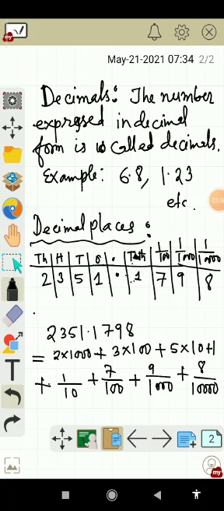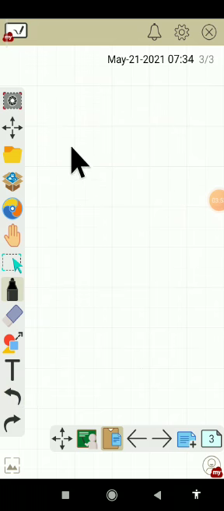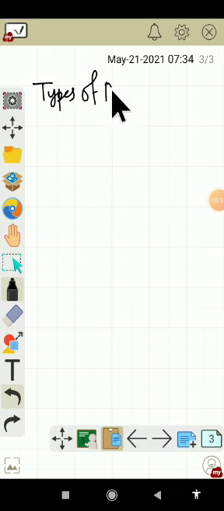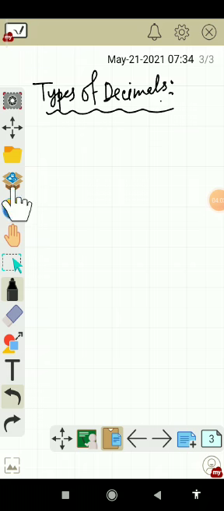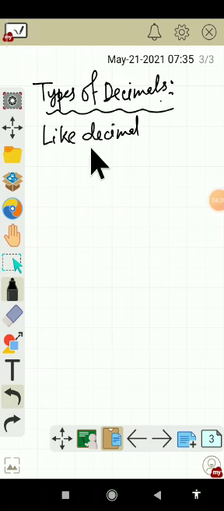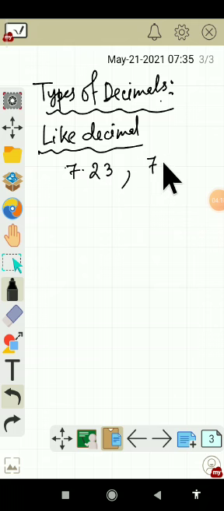So now we will see types of decimals. What types of decimals are there? First is like decimals. That means, for example, 7.23 and 7.56, these are like decimals.